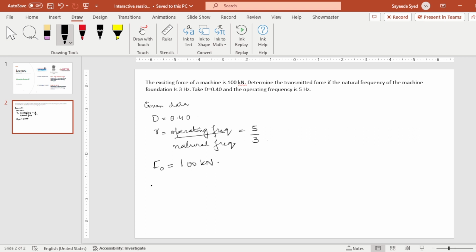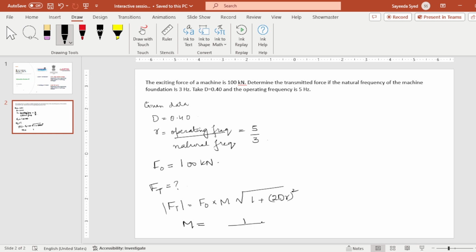We need to calculate the transmitted force, Ft. So the formula goes, M is the magnification factor.